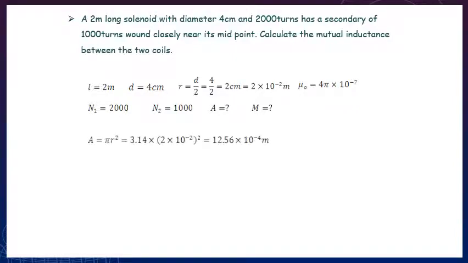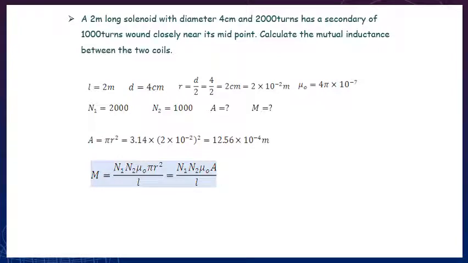Here you can actually skip the step for area that we are doing here. Even in the previous question you could have skipped the area calculation. That is because this pi r square comes with the formula. As you can see, in the next step, there is already a pi r square there.